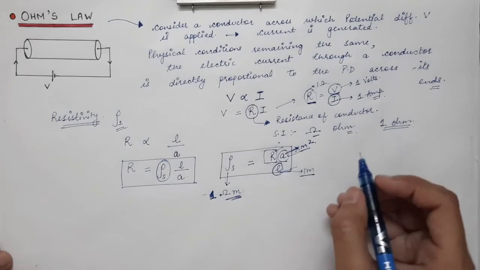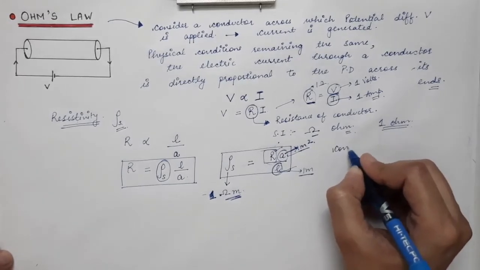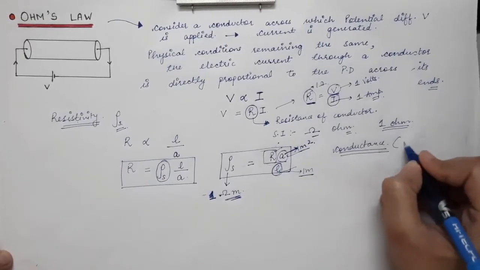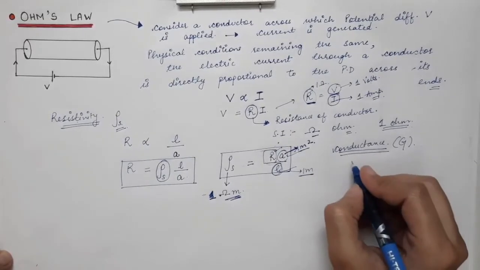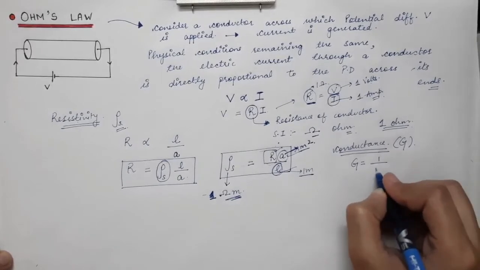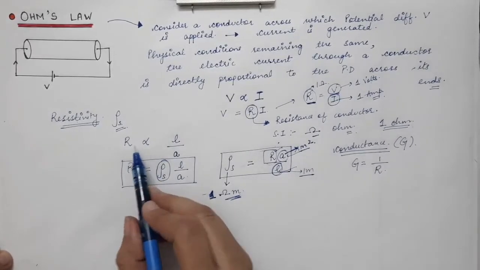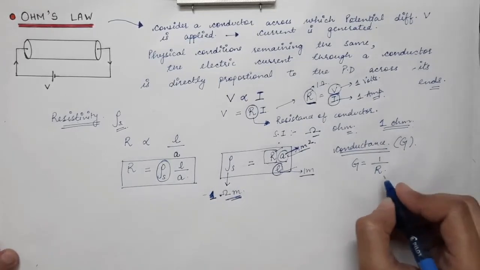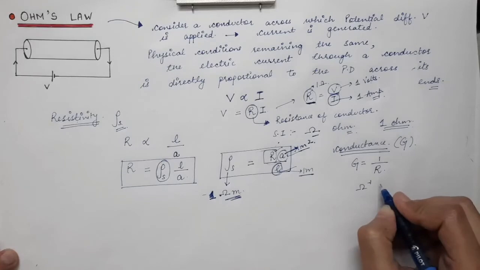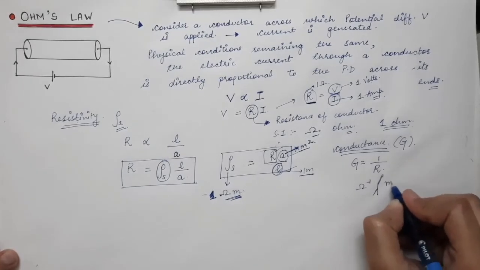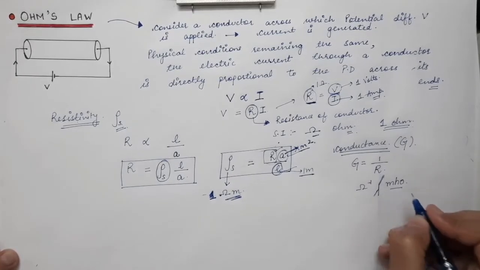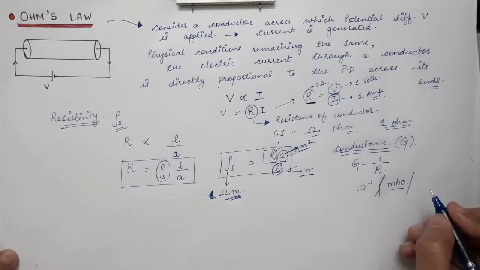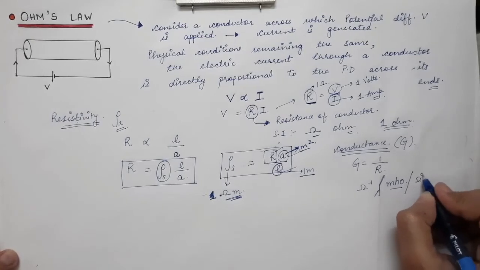Then there is another term that we use, the conductance of the material. Conductance is represented by capital G, and conductance is nothing but reciprocal of resistance. Reciprocal of this resistance will be nothing but conductance, and its units will be ohm inverse, or it is also termed as MHO, that is inverse of ohm, and it is also called Siemens.